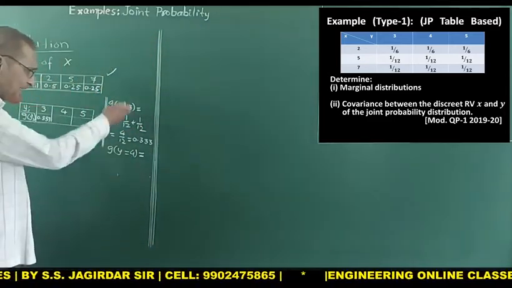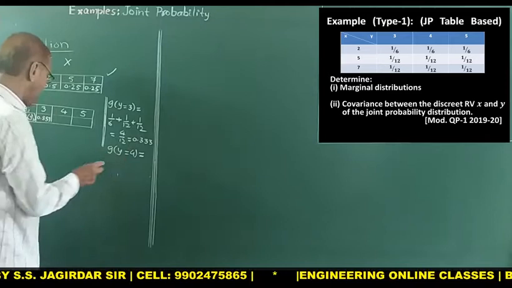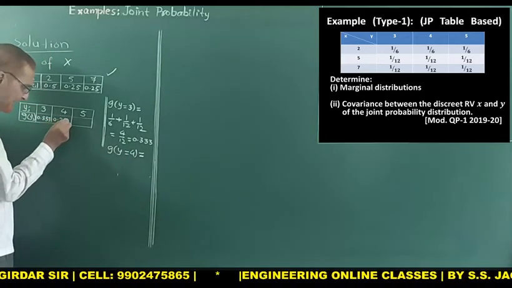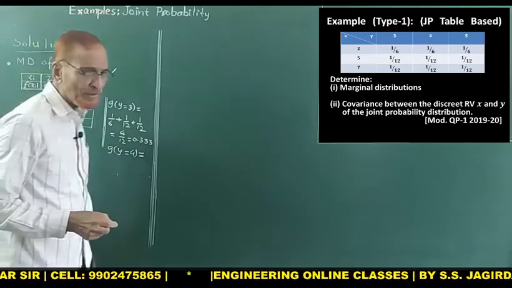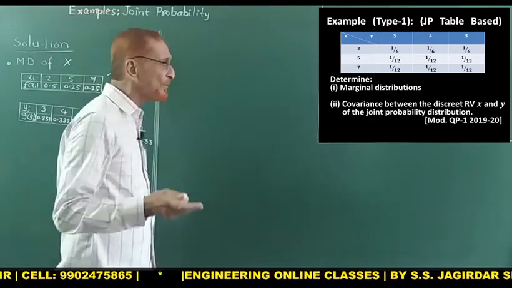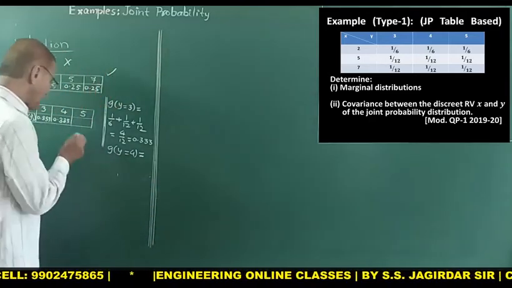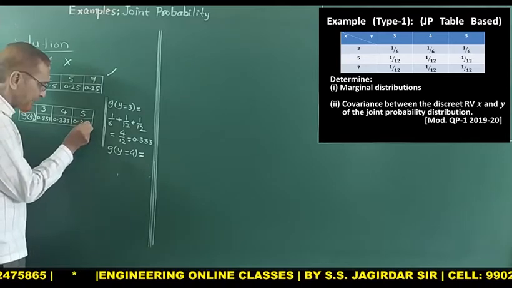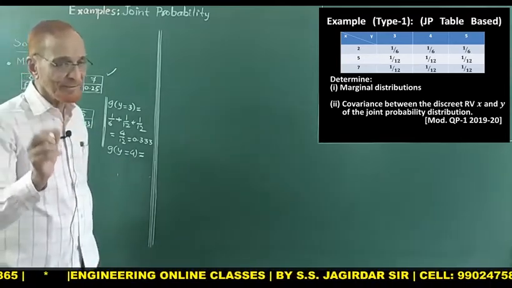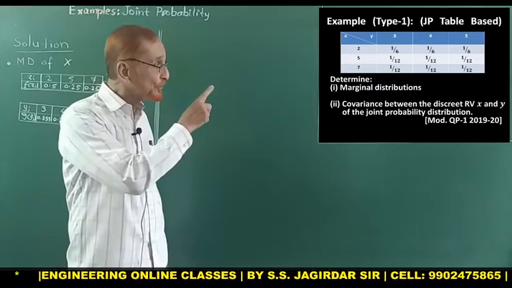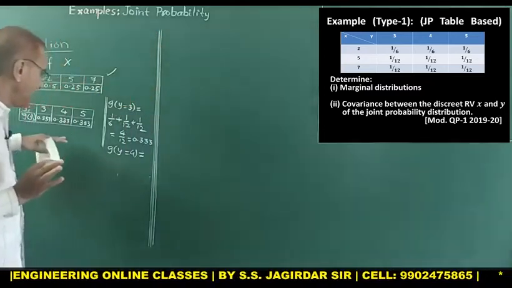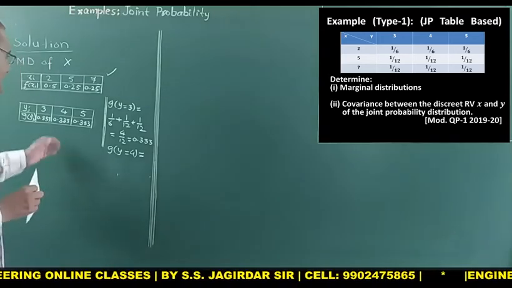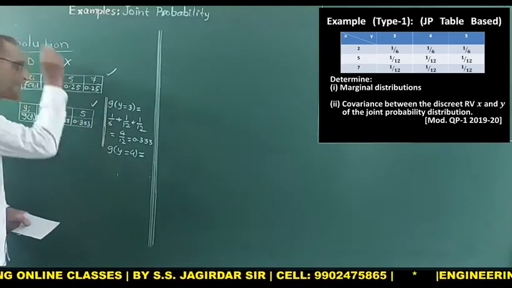The same. So you will get the same value for 4 also, 0.333. And against 5, again you can see 1 upon 6, 1 upon 12, 1 upon 12, so the same value, 0.333. So this way the first answer, determining the marginal distribution, is complete. This is the second table that you have got.